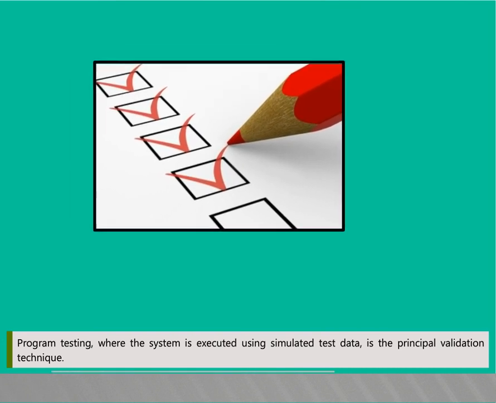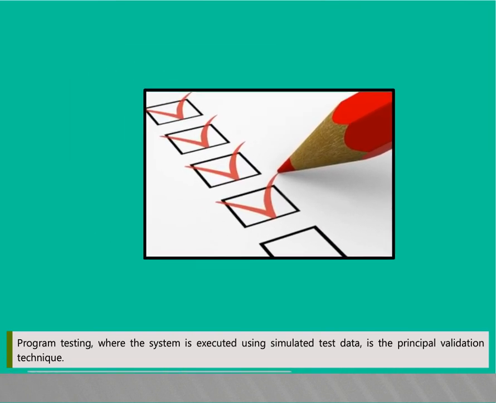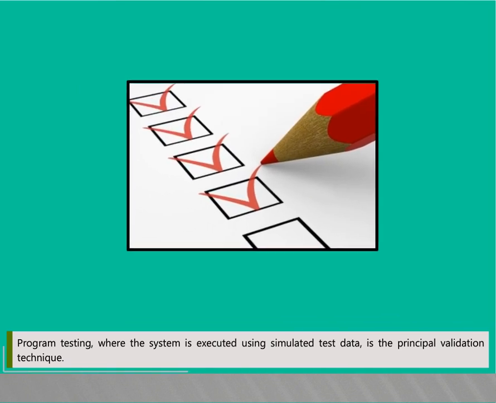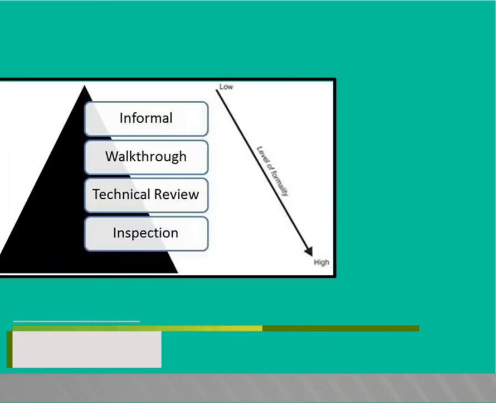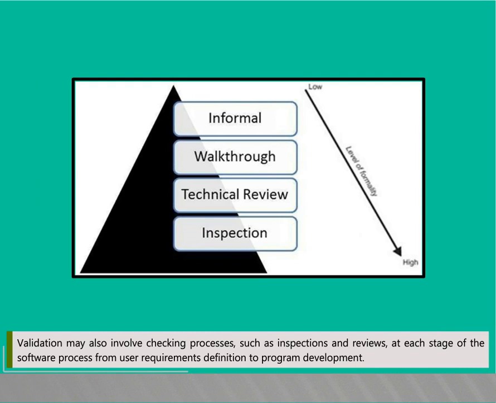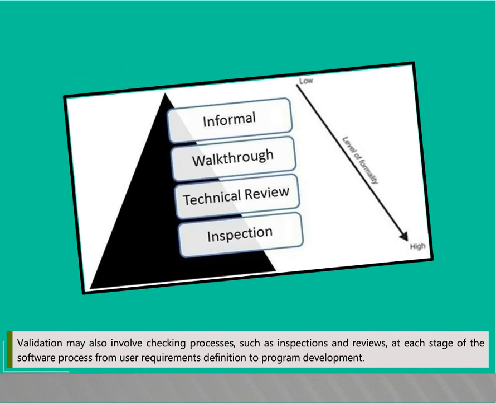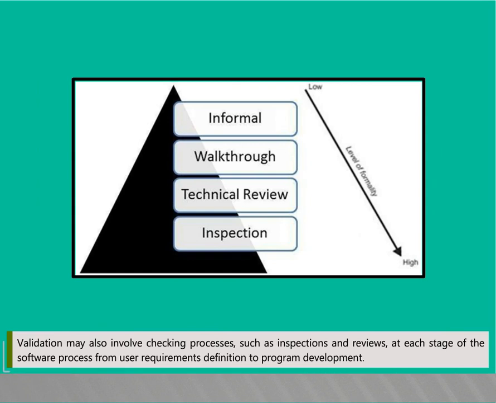Program testing, where the system is executed using simulated test data, is the principal validation technique. Validation may also involve checking processes such as inspections and reviews at each stage of the software process, from user requirements definition to program development.